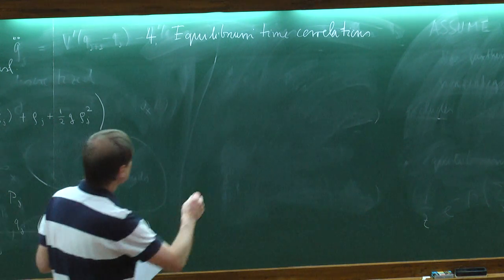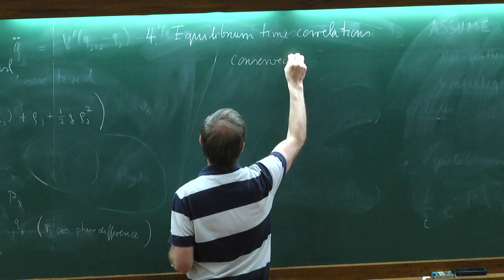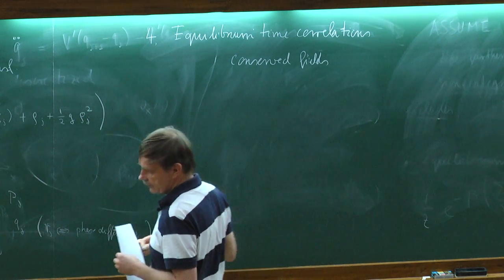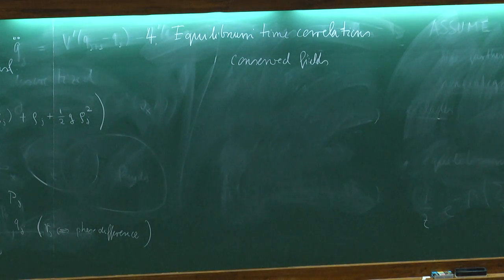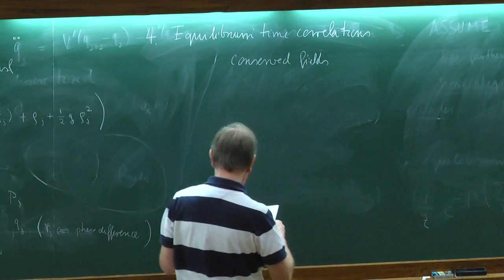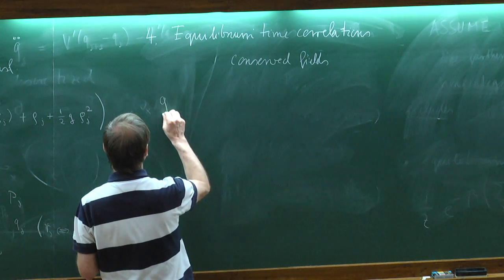So we want to look at the conserved fields. In some sense, once we understand the conserved fields, we understand more or less the long-time behavior of any equilibrium time correlation. Anyway, what we want to study are the conserved fields. Let me first write this down and then say a few general words on this.